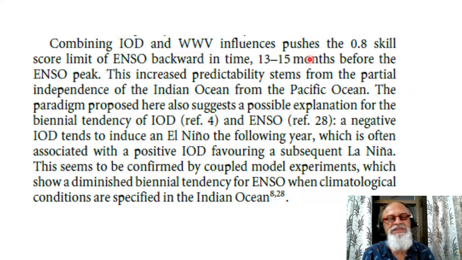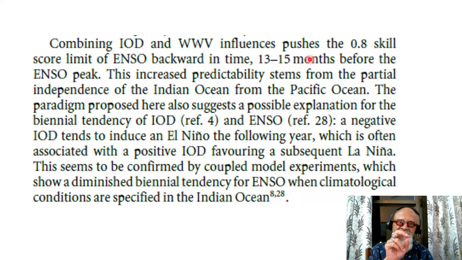All these things. Basically, jumping ahead to the conclusions, combining IOD and warm water volume influences pushes the 0.8 skill score limit of ENSO backward in time, 13 to 15 months before the ENSO peak. If you look at El Nino prediction skill, it's around 0.8, but that's only for 9 months ahead of the peak, which is in DJF, which means after the spring of the El Nino year, you have good skill, 0.8.